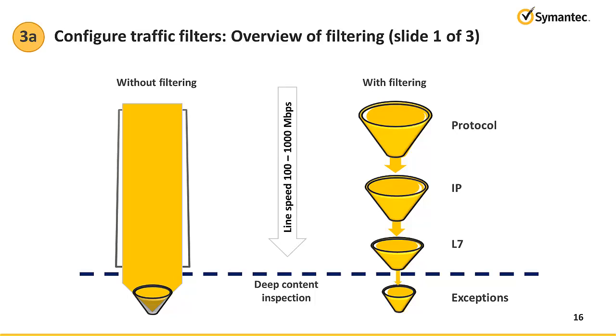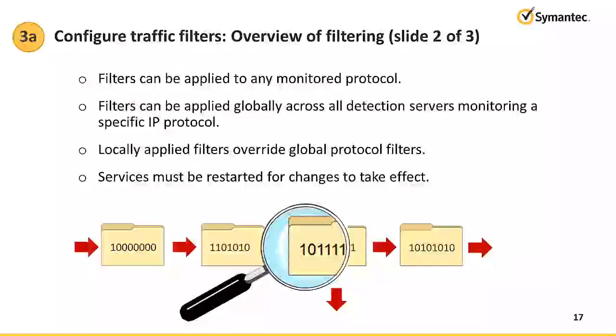You should also remove irrelevant or unimportant traffic by eliminating lower priority protocols, identifying IP source and destination addresses, where both IPv4 and IPv6 addresses are supported, including or excluding L7 senders or recipients, and setting rule-based exceptions at the policy level. Filters can be applied to any monitored protocol.